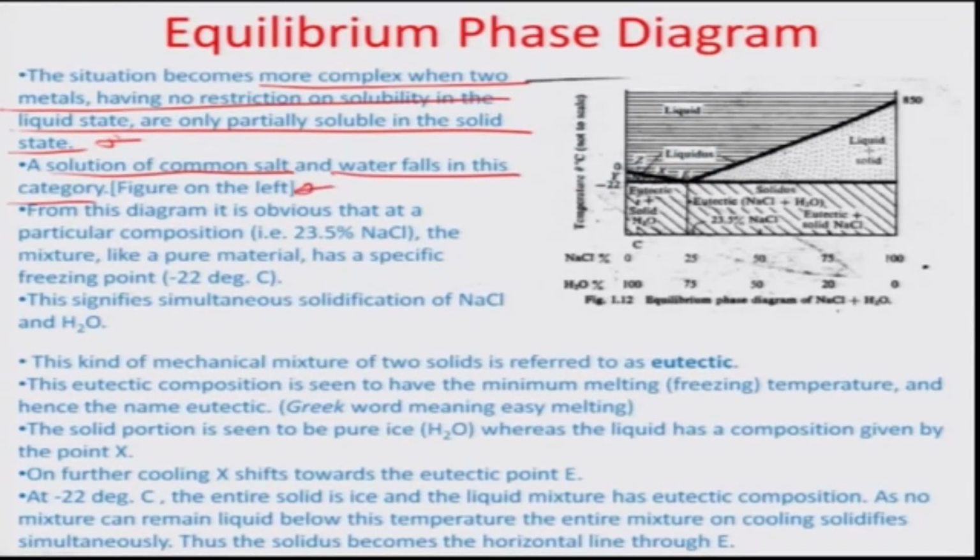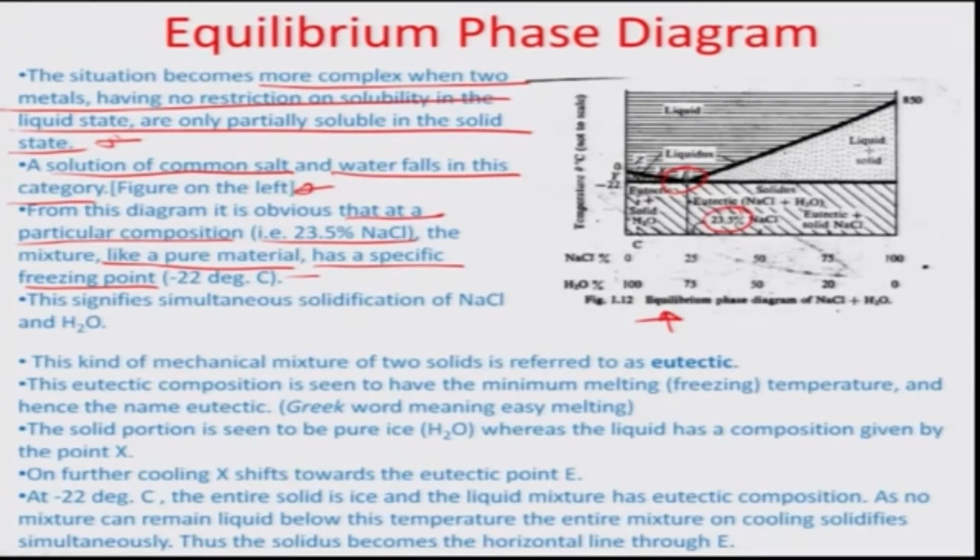The figure on the right here describes such a phase equilibrium diagram. From this diagram it is obvious that at a particular composition, let us say 23.5% NaCl, the mixture would like to behave like a pure material. It has a specific freezing point of minus 22 degrees Celsius, at which all these states can coexist.